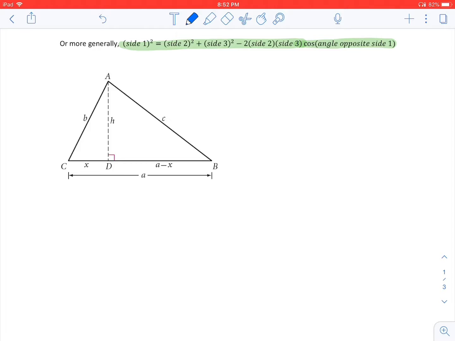I'll remind you that in this triangle, we're not told that it is a right triangle. In fact, it could be a non-right triangle, which is generally where we would use the law of sines or the law of cosines. But I could sketch in an altitude so that I can form two right triangles, kind of like I did in the proof of the law of sines.